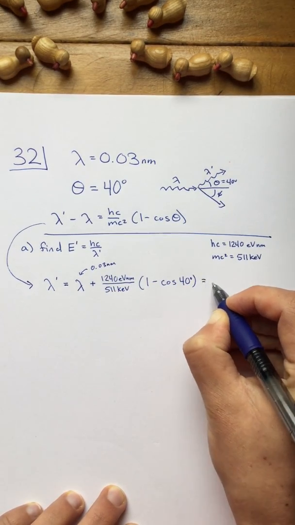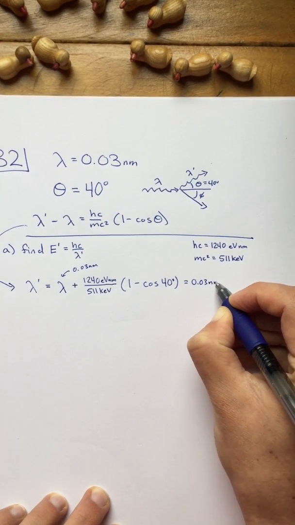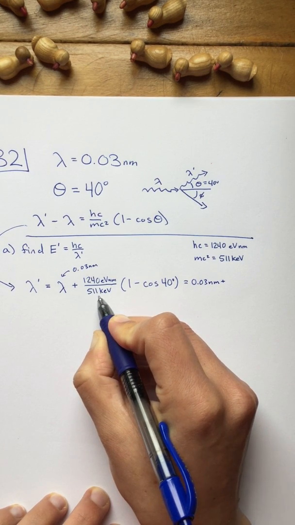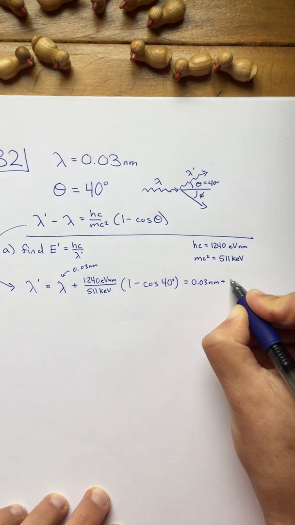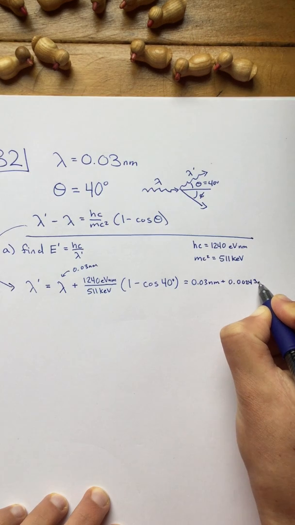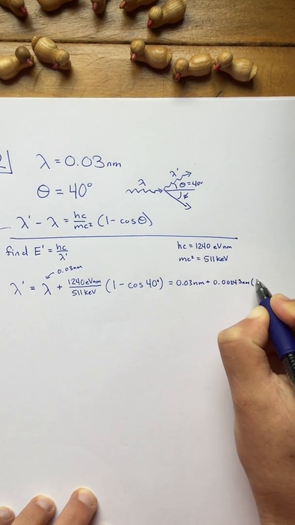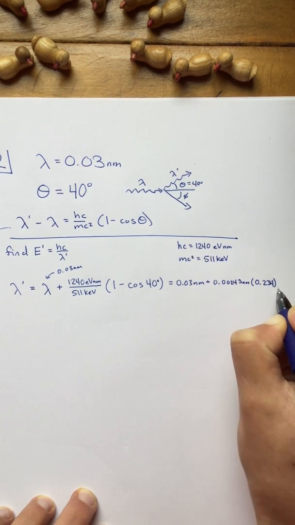And that gives us 0.03 nanometers plus 1240 electron volt nanometers divided by 511 kilo electron volts, which gives us 0.00243 nanometers, times 1 minus cosine of 40 degrees, which is 0.234.